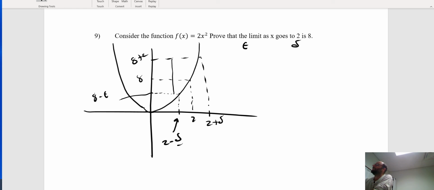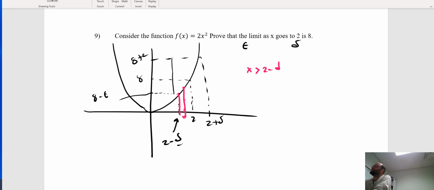Now, what I like to do is look at it side by side. So here's x. And you notice x is to the right of 2 minus delta, which allows us to write an inequality: x greater than 2 minus delta. Also notice the function value is bigger than this value.